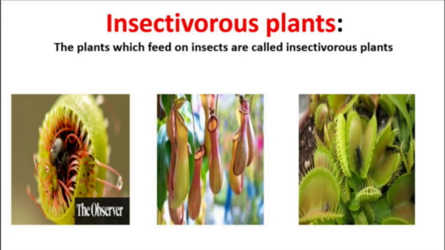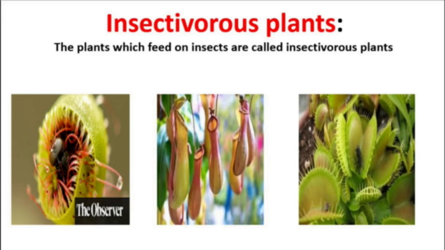First, the pitcher plant. In a pitcher plant, each leaf is modified into a pitcher-like structure with a lid on the top. You can see in the picture the lid on the top. Hair are present inside the pitcher. Now what are the functions of these hair? When an insect sits on the pitcher, the lid closes to trap the insect.